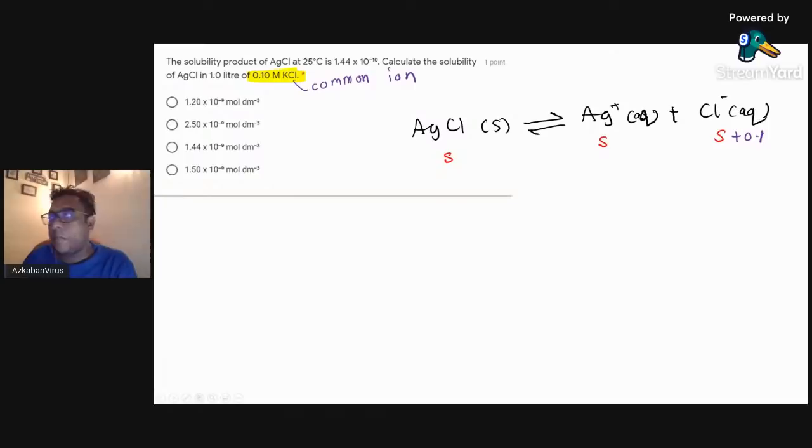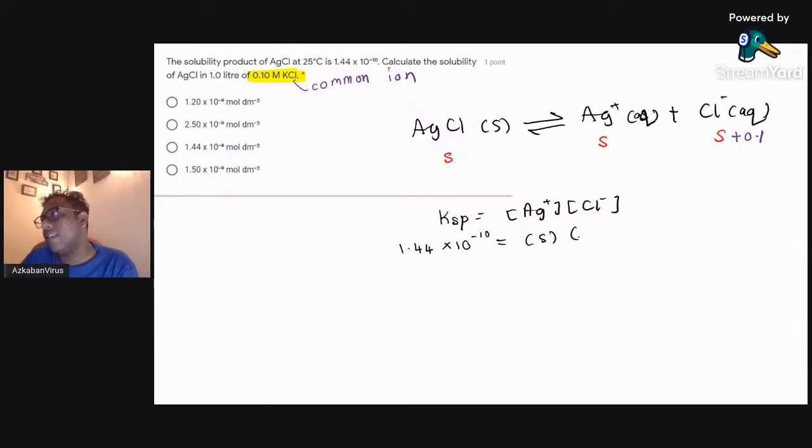Okay. So KSP, last one. Ag plus Cl minus. So ini adalah sama dengan 1.44 darab 10 kuasa negatif 10, which is equal to S darab S tambah 0.1.